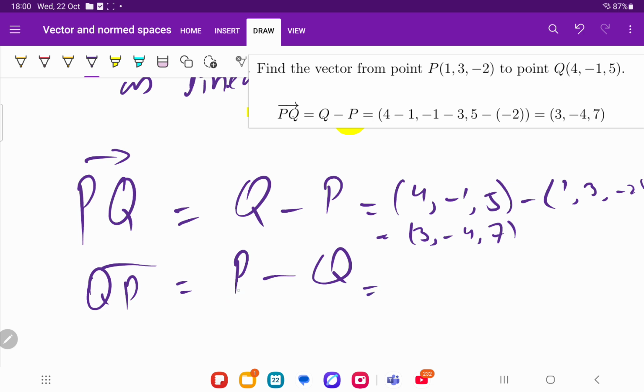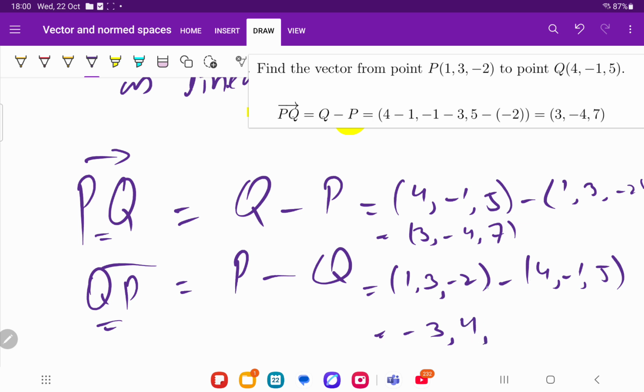What about QP? QP will be P minus Q, so 1 minus 4 is minus 3, 3 minus 5 is minus 2, and minus 2 minus minus 1 is minus 1.